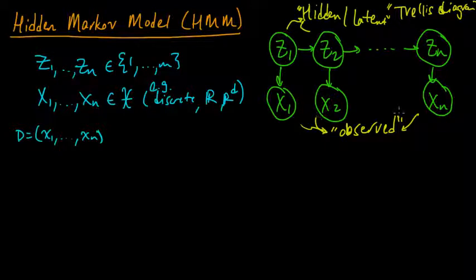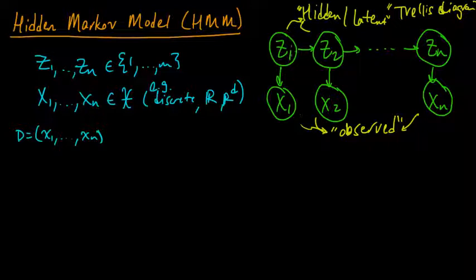Before, when we were talking about just a Markov chain or a Markov model, we just had the Z's. If you didn't have all these X's here and you observed the Z's, then this would be a Markov chain, because it has this chain structure, and the Z's are taking values in a countable set. So these are discrete random variables, and this is a discrete time process.